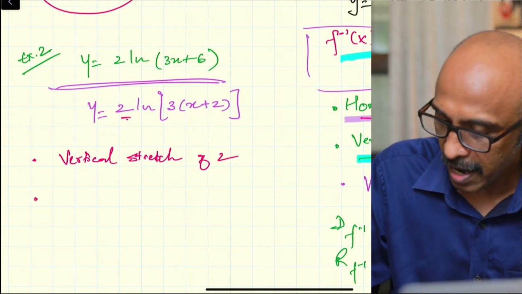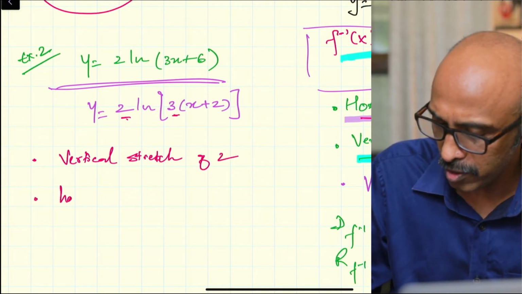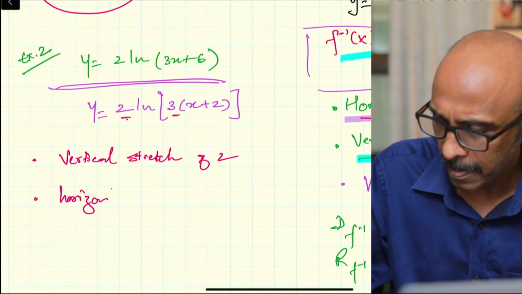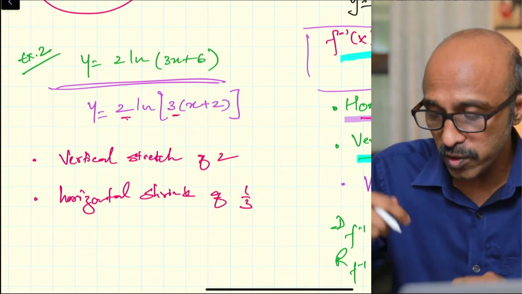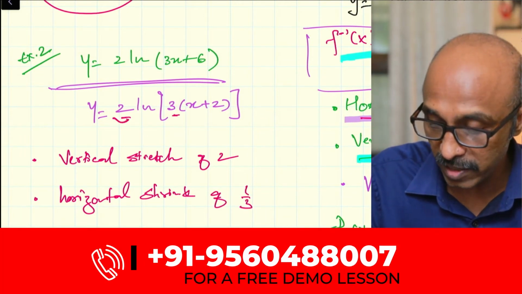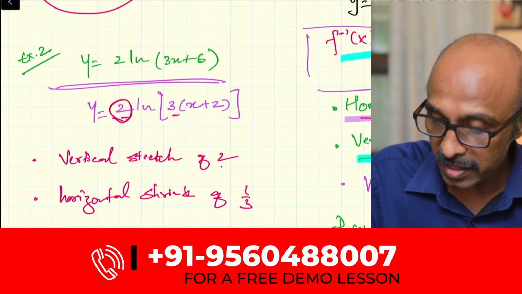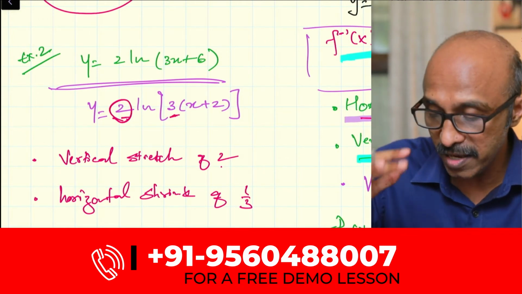Yes, it's clear. And then this 3 gives us a horizontal shrink of 1/3. Okay, vertical stretch of 2. This factor accounts for the vertical stretch, and then this factor 3 accounts for the horizontal shrinking by 1/3.